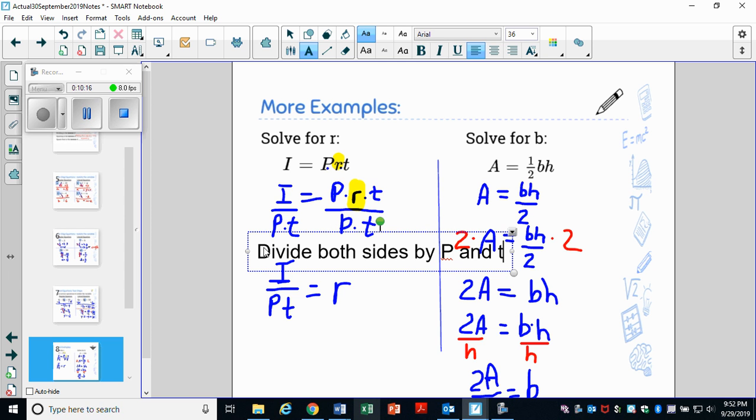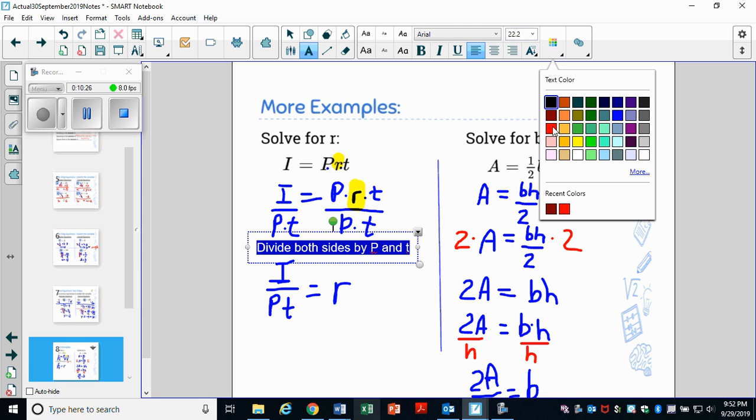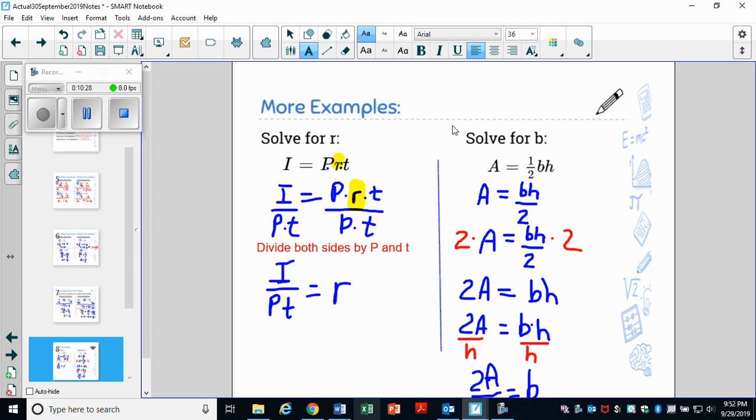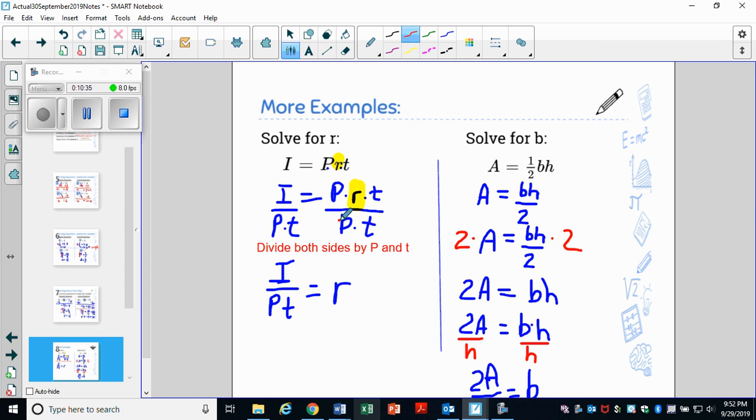Capital P and lowercase t. I'm just going to add that in there so you all see what we did in this step. We divide both sides by both the capital P and the lowercase t. Oops.